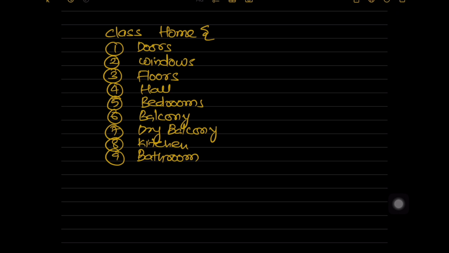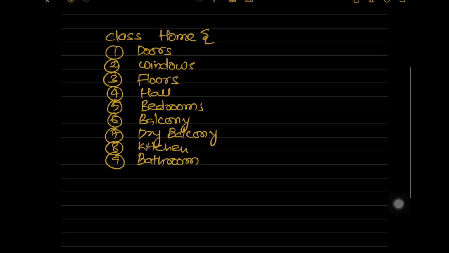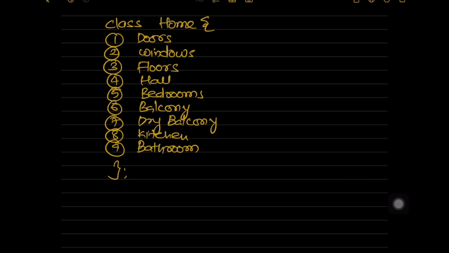So: doors, windows, floors, hall, bedroom, balcony, dry balcony, kitchen, bathroom. Let's say we have these 9 member variables for this class, and we need to create objects which may have one or many of these parameters.